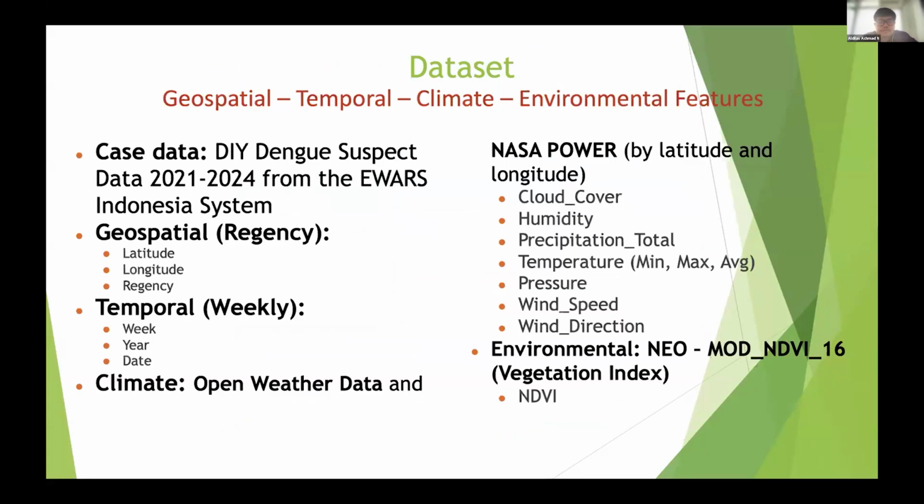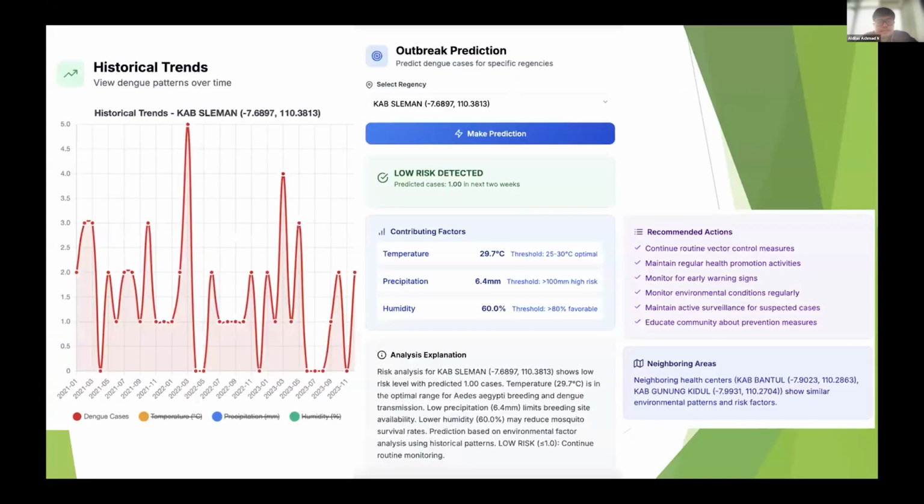We include cloud, humidity, precipitation, temperature, and wind pressure, speed and direction, and also vegetation index from NEO MODIS.